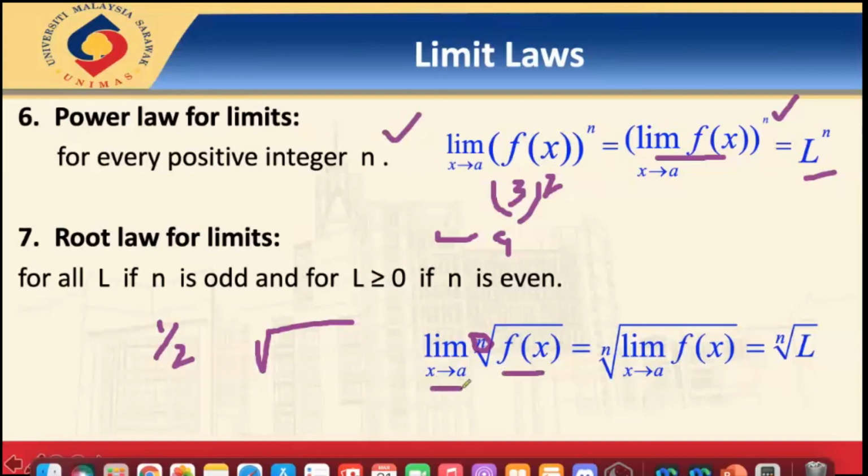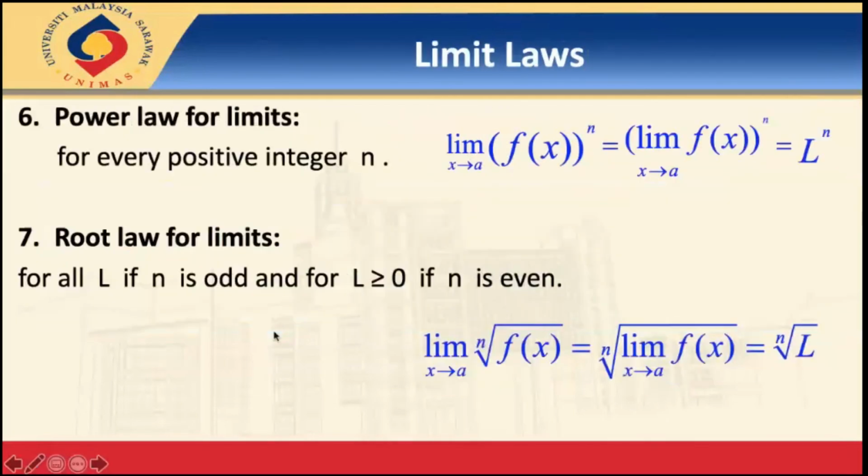If we find the limit of a function and whatever value we get, and then take the nth root of that, it will be equal to this. So it means that limit also obeys the root laws. Power law we got, root law we got.